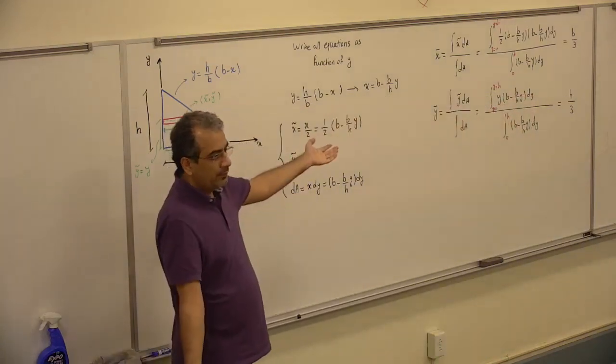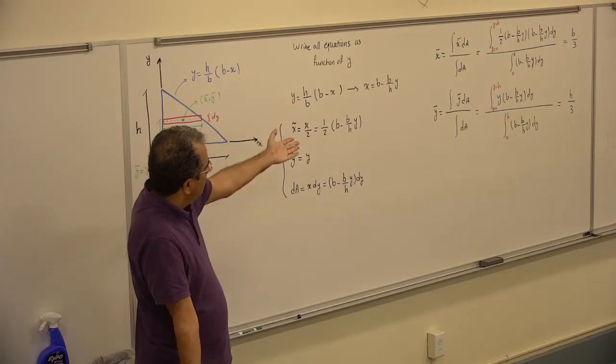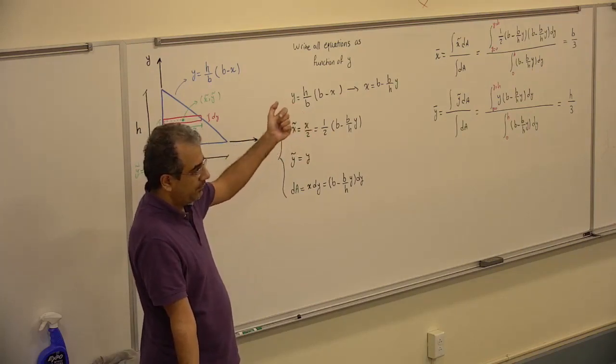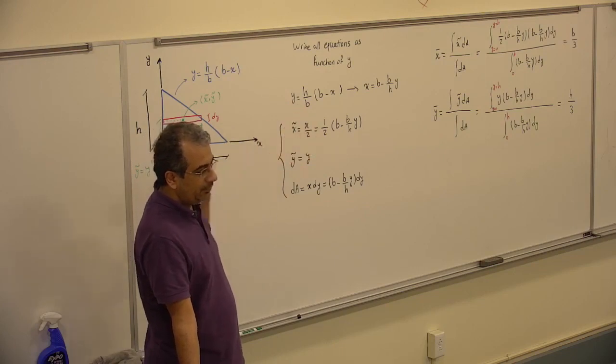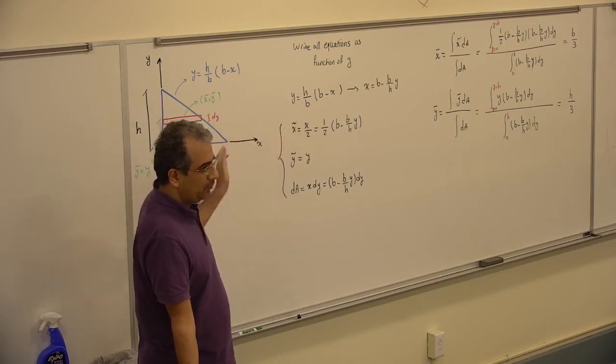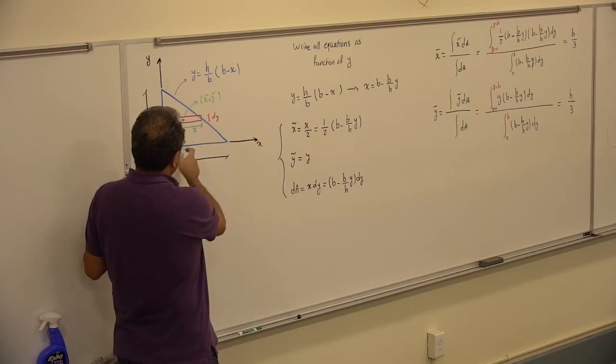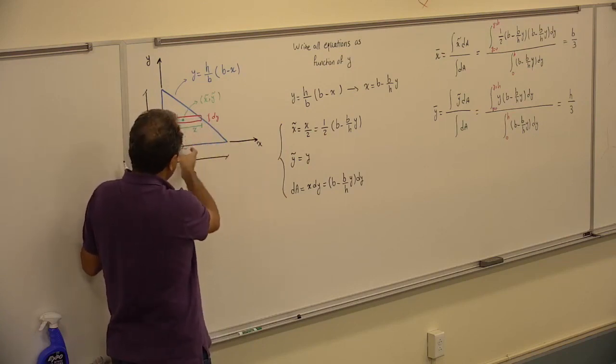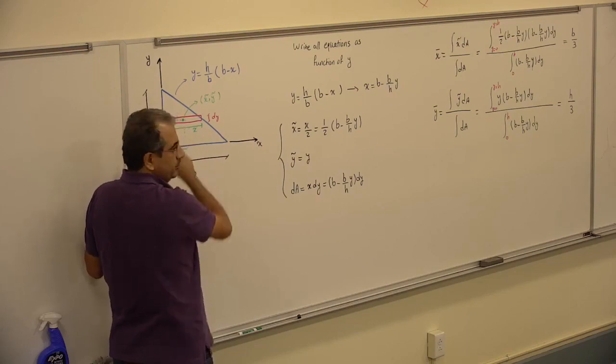So remember when we were talking about the centroid of the triangle, we said it is 1/3 from the base, always. In either direction, it's going to be 1/3 from the base.